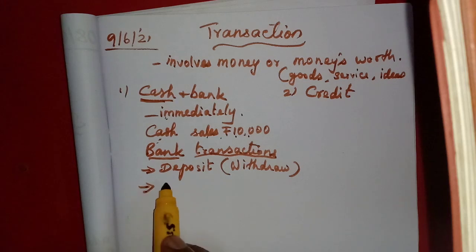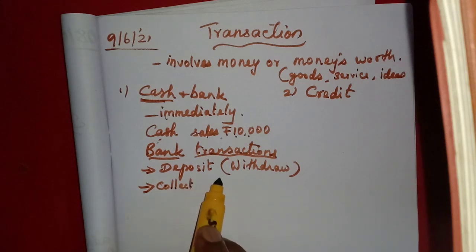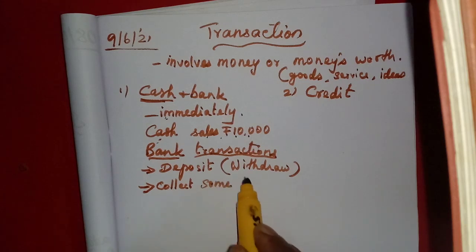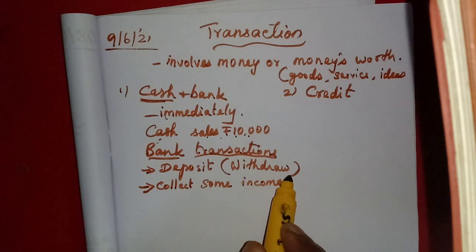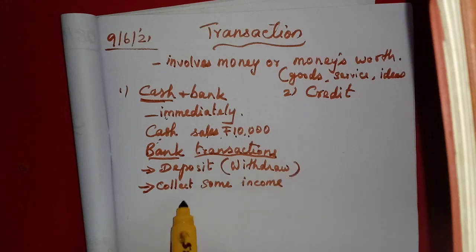Then the bank will collect some income on the standing instruction of the business. We might have given some instruction to collect, for example, the rent will be paid to the bank and the bank will collect it.